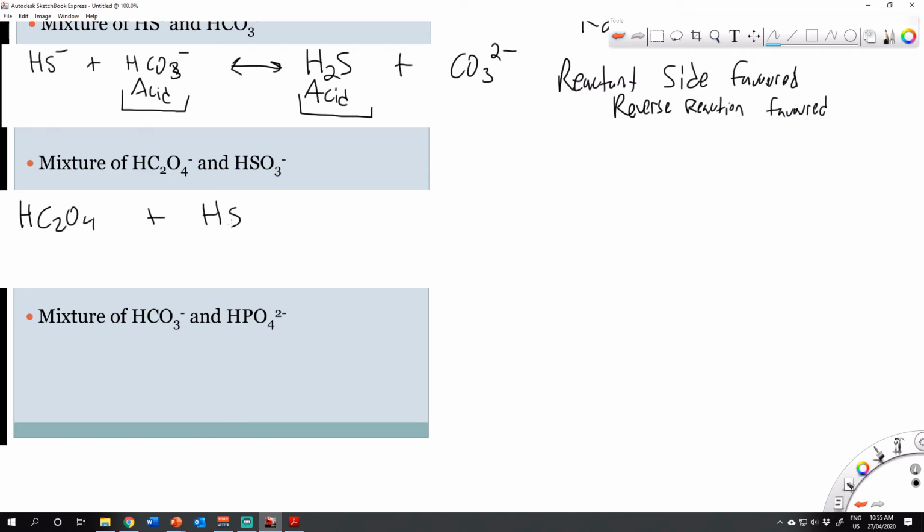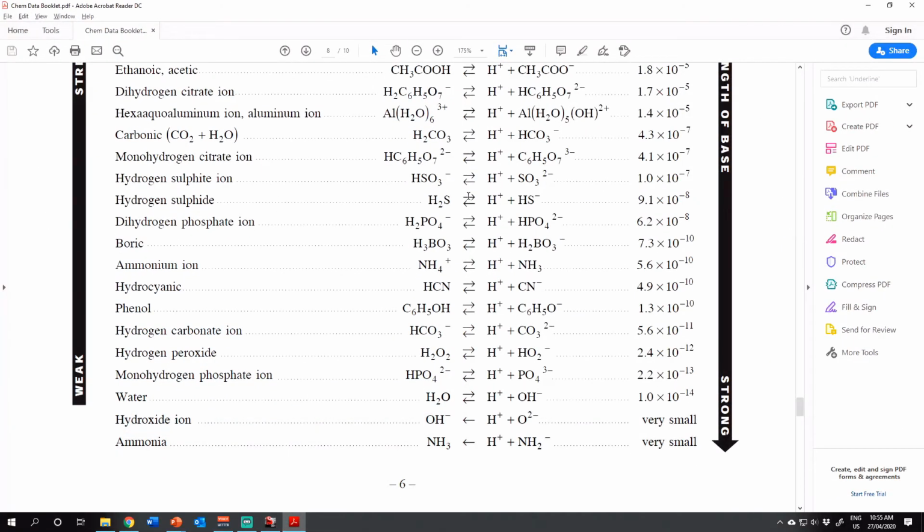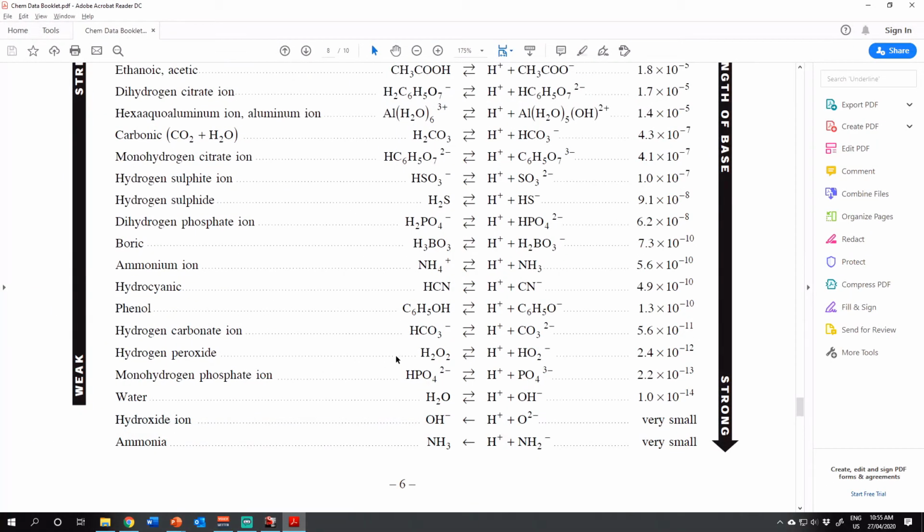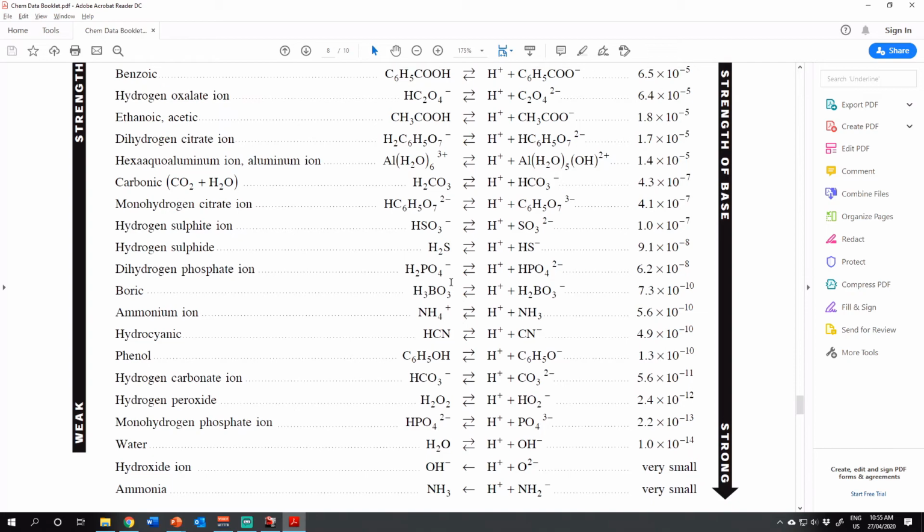We have our acid here. We are going to form... I actually don't know which one. HSO3 is pretty weak, I think. There's HSO3. H2C2O4 is... Oh, it's way up here.